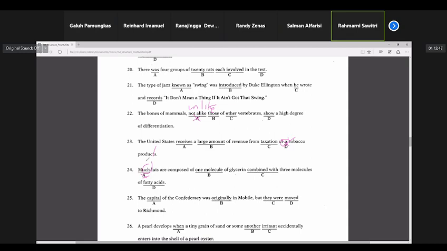But here it is followed by a plural one, "fats." Since fats has an S, we regard it as plural, countable. So this one is not "much" but "many." Many fats are composed of one molecule. So number 24 it is A.